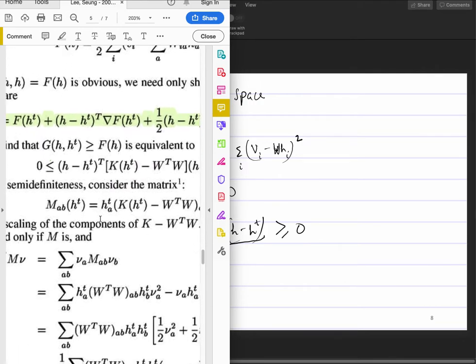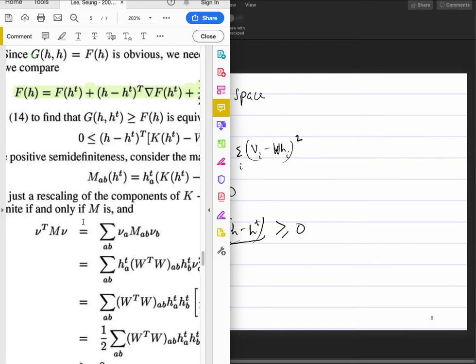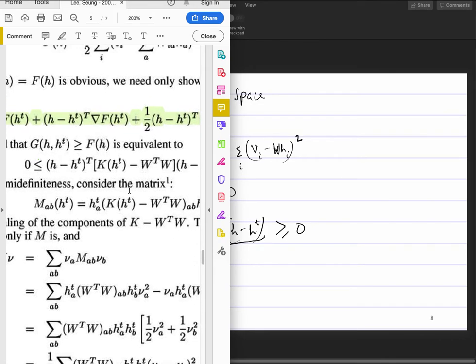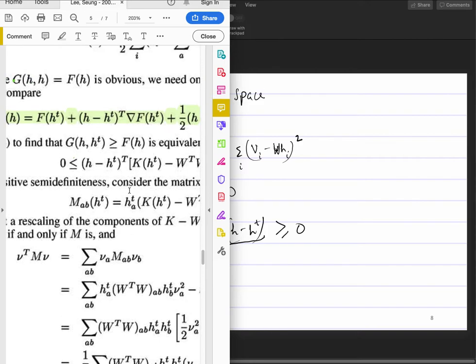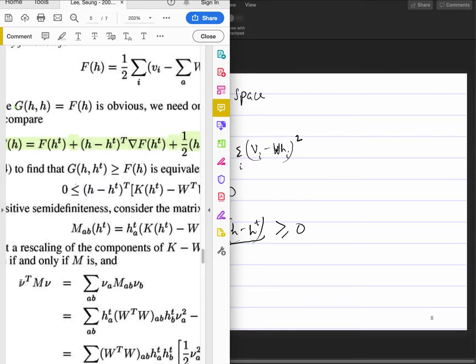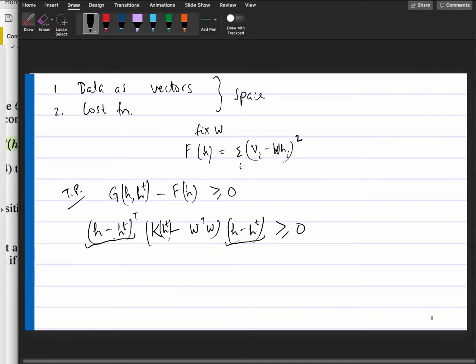So basically you want to show that this, they have written it in terms of nu. Let's call this some nu transpose, this is some nu, and this thing is greater than or equal to 0. No problem.